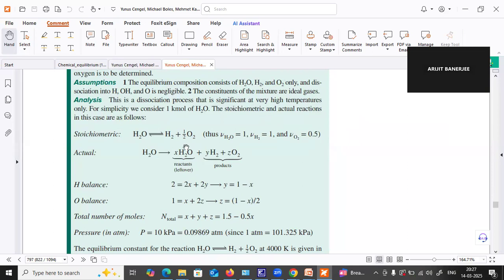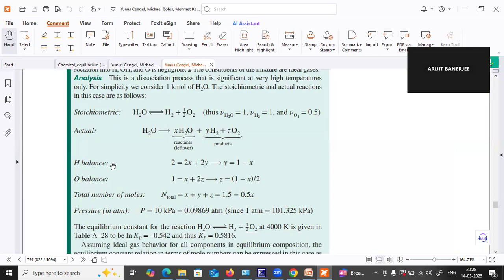Now the actual reaction is not like the stoichiometric reaction, because the actual reaction at the equilibrium composition will include the reactants as well as the products. So when we heat H2O at the equilibrium condition, H2O will also remain. As I was telling, the total number of moles will consider the reactants as well as the products. So reactants left over and the products.